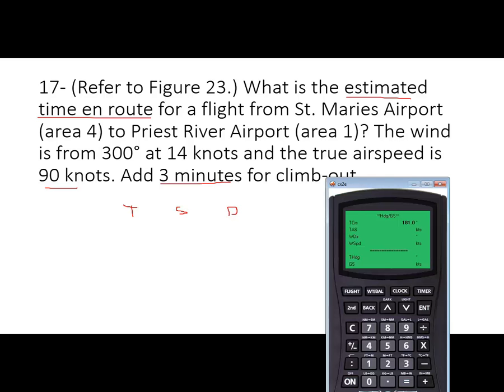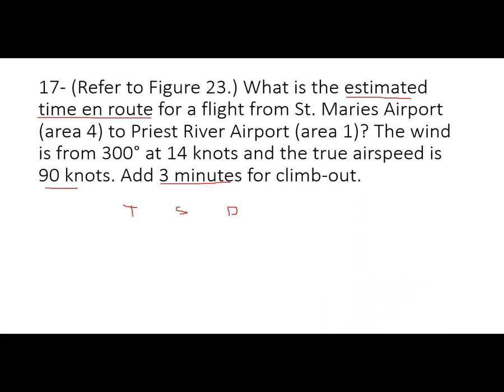They're going to ask for the true airspeed, the wind direction, the wind speed, and then you'll come up with your ground speed. Once you have that ground speed, if you measure the distance, you can type that into your CX2 in the leg time and find out how long it's going to take. Just don't forget to add in that extra 3 minutes for the climb out.